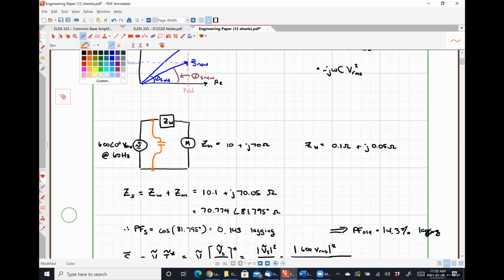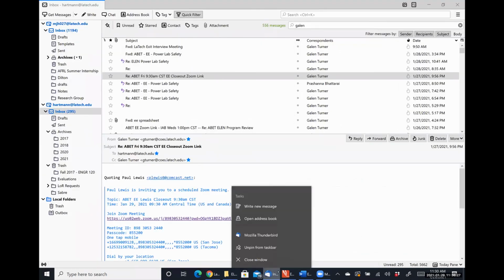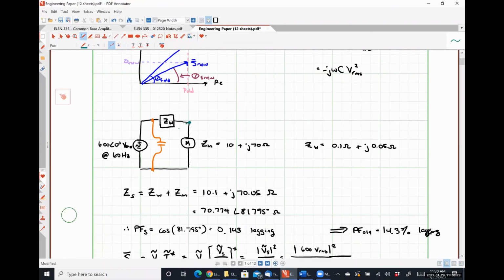But another option might be to put it just in parallel with the load. Both ways would wind up correcting the power factor, right?